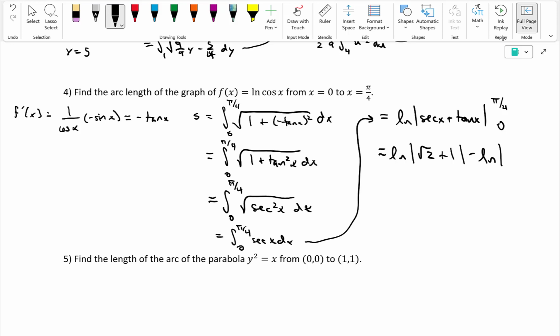That's where it'll bounce off each other at that max. So natural log of 1, and tangent of 0 is 0. So just natural log of 1 there. That whole natural log of 1, right, is 0. So we end up just with the natural log of root 2 plus 1. Do I have an approximate? Somewhere, maybe. Yeah, 0.88.